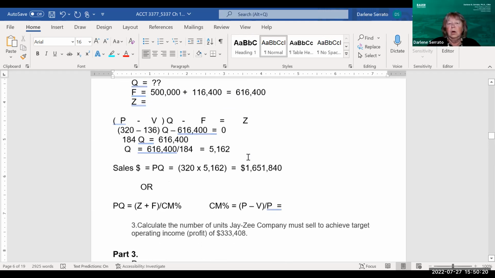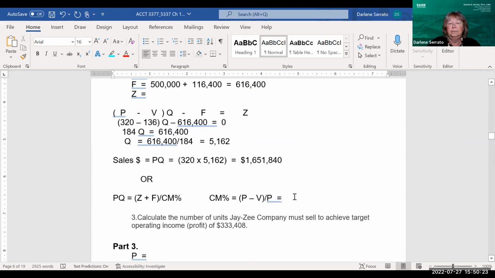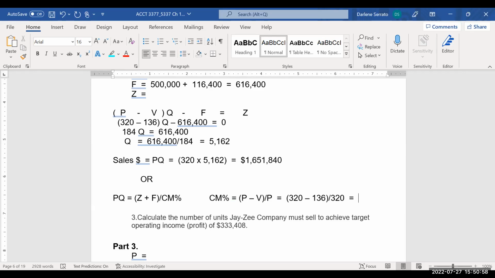Okay. Or you can use this format. Contribution margin percentage is contribution margin of 320 minus 136 divided by 320. And what does that give you? 0.575.